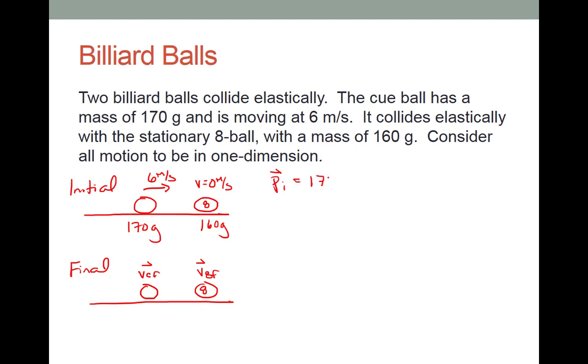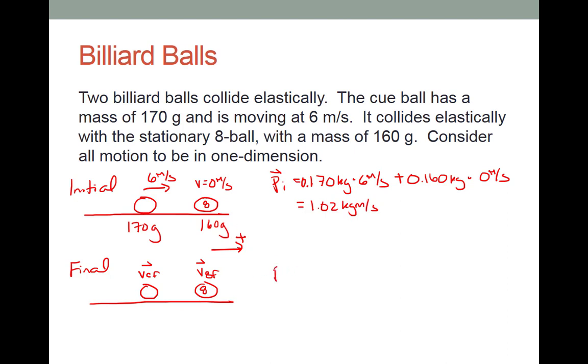So I have 170 grams, which I need to convert to kilograms. So 0.17 kilograms times 6 meters per second, assuming this is my positive direction, plus 0.160 kilograms times 0 meters per second results in an initial momentum of 1.02 kilogram meters per second.